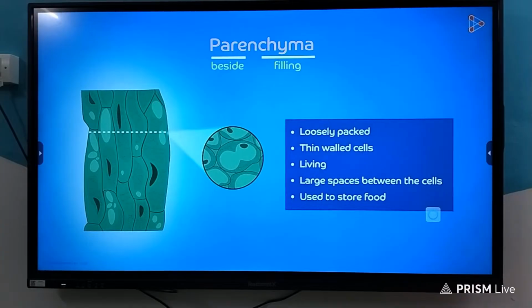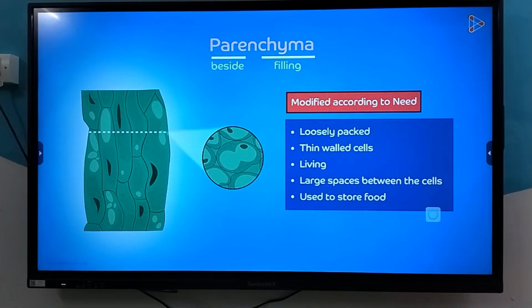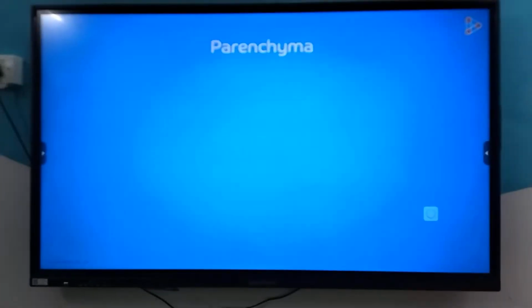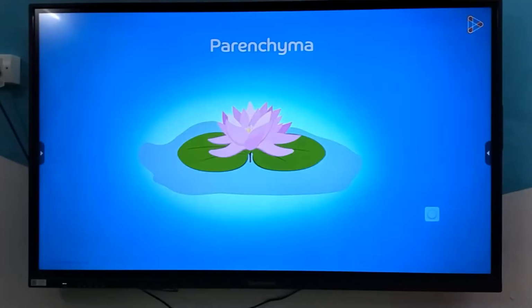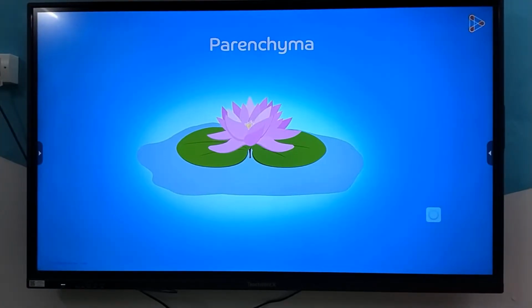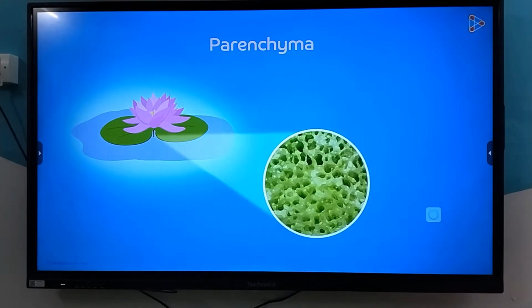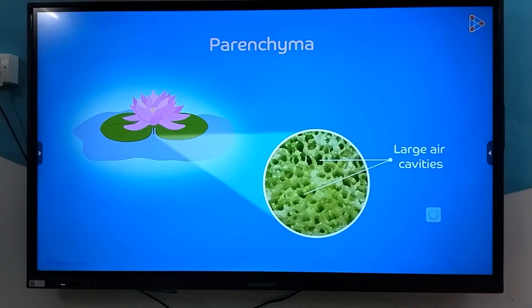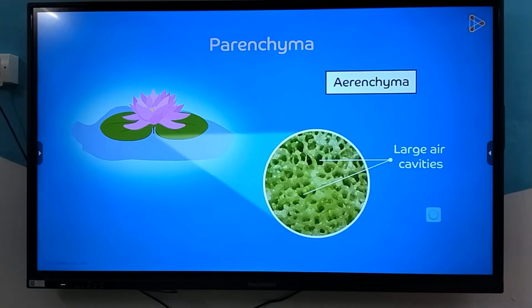But is this it? Absolutely not. Interestingly, parenchyma can be modified depending upon the need of the plant as well. For instance, when plants of aquatic habitat require buoyancy, they rely on the parenchyma cells that bear large air cavities within and help them in floating. In this case, we refer to this modified form as aerenchyma.